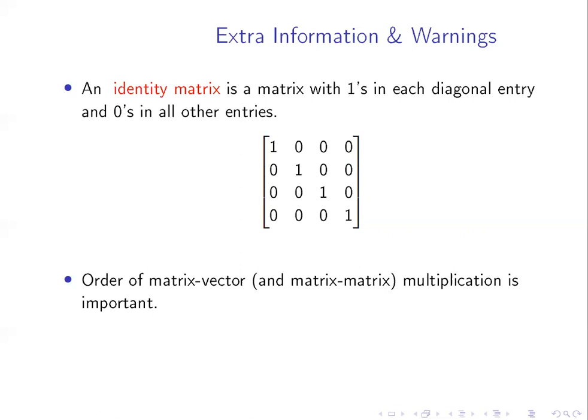Also, the order, and I mentioned this just previously, is important in matrix multiplication and matrix vector. So in linear algebra, order of multiplication is important. Addition, not so much. Multiplication, yes. Also, one final note, you cannot divide by a matrix. We will give an alternative idea to this much later, but you cannot divide.